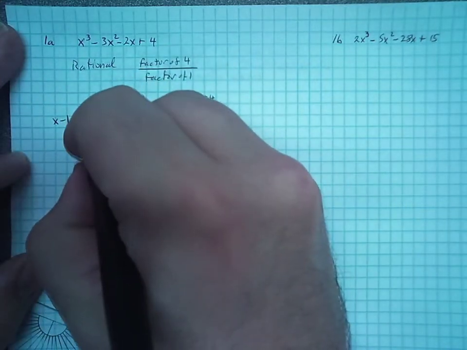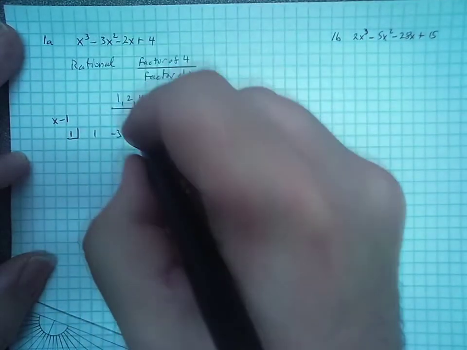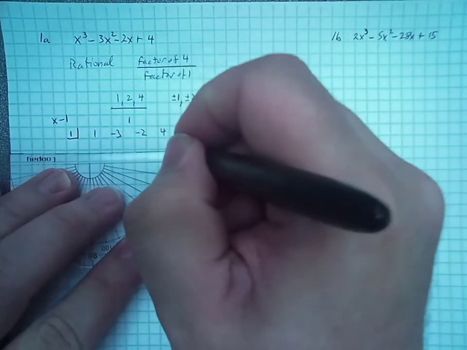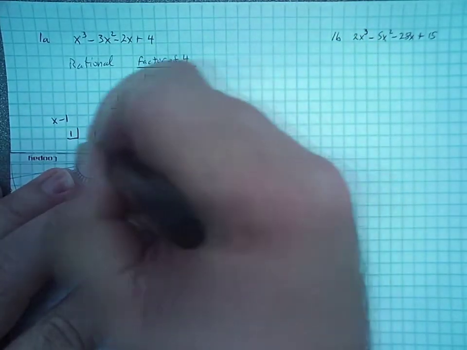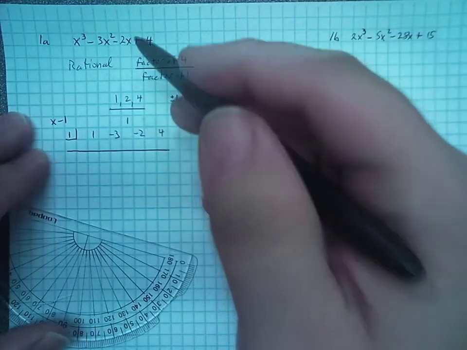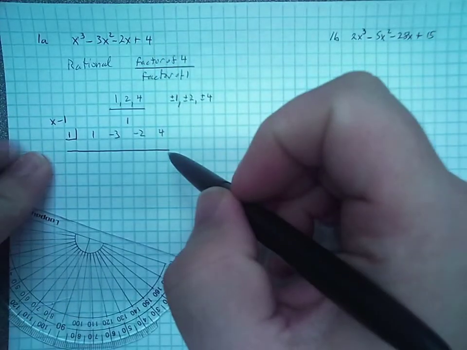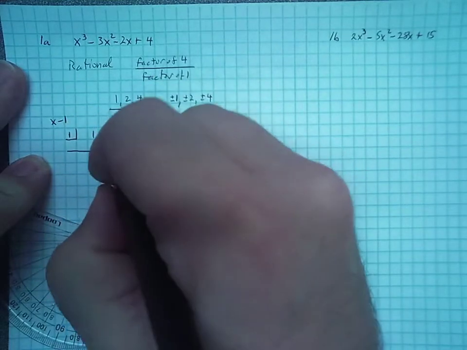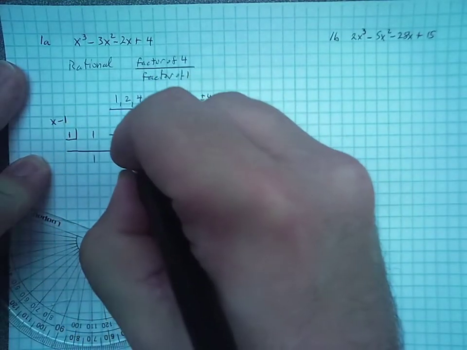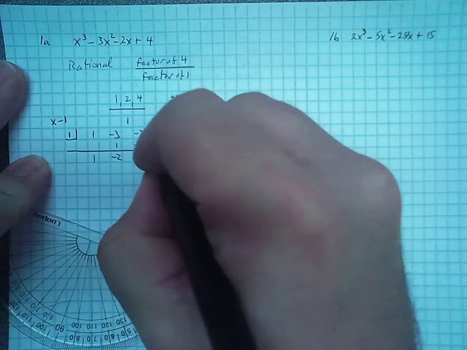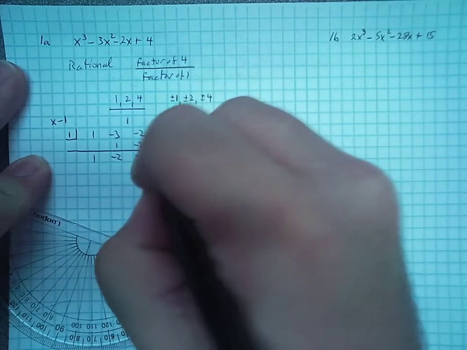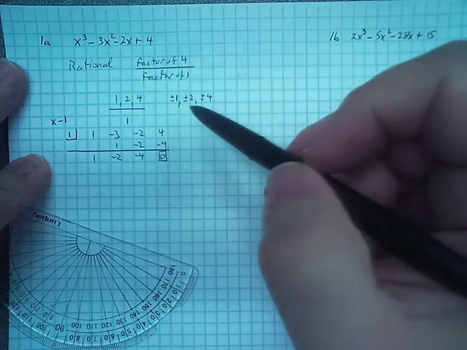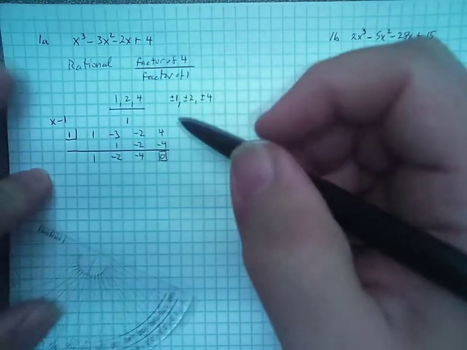We're going to do synthetic division. So we put our coefficients in for our synthetic division. If we get a remainder of 0 when we're done, then we know that 1 is a zero of our polynomial. And if we get a remainder other than 0, it's not. So this is a quick way to check to see whether that's a zero of the given polynomial. This one is. We found one of the rational zeros works.